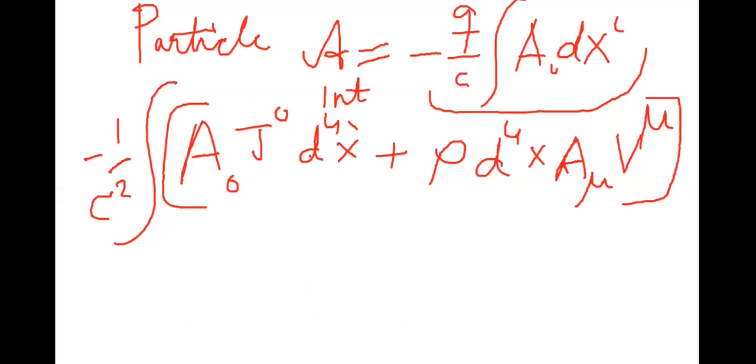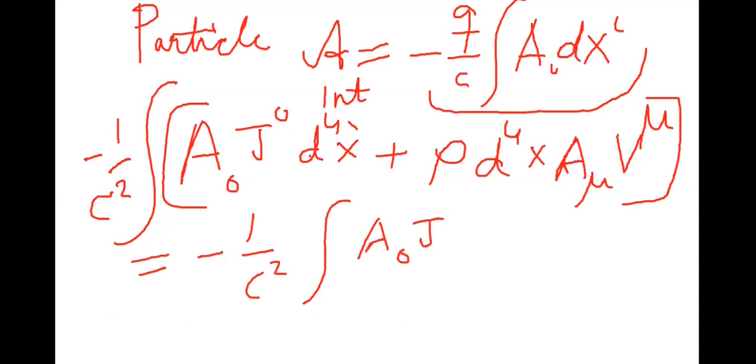So the net result of all this is that you have 1 by c square, and inside you have this a0 j0. Please take this d4x also outside, so you can write a0 j0 plus rho into v mu, which is actually j mu, so you can write this as a mu and j mu, and take this d4x outside.